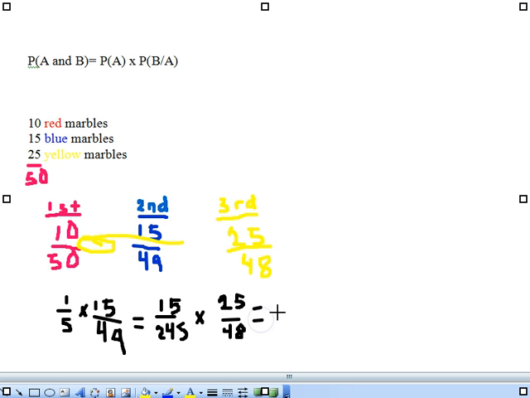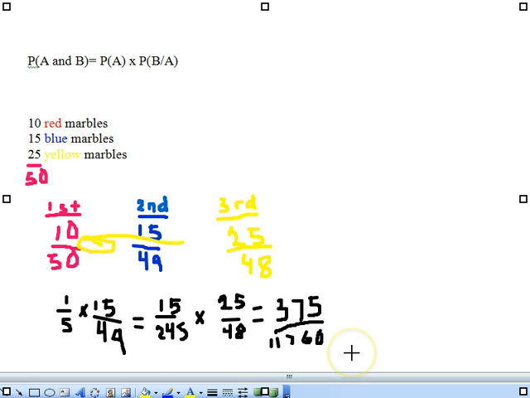And that is equal to 15 times 25 is 375 over 245 times 48 is 11,760.